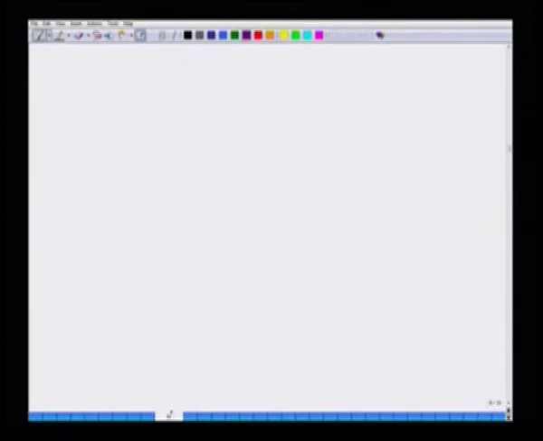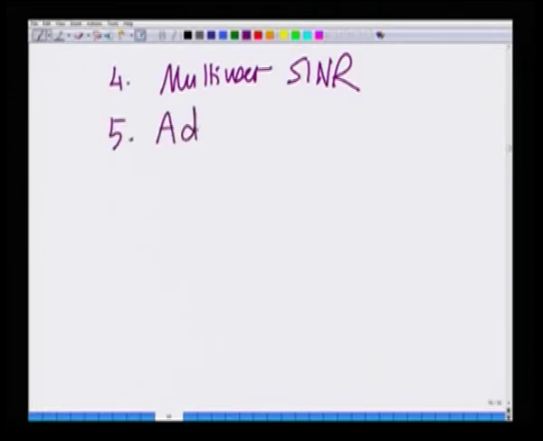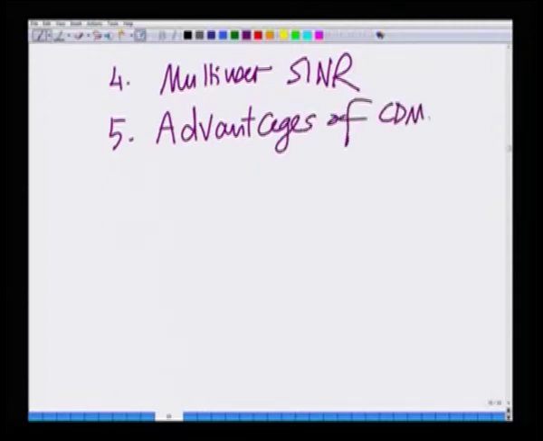and that helped us characterize the SINR, that is a simple multi-user SINR of a CDMA system. We also looked at the advantages of CDMA, which are, A, jammer rejection.